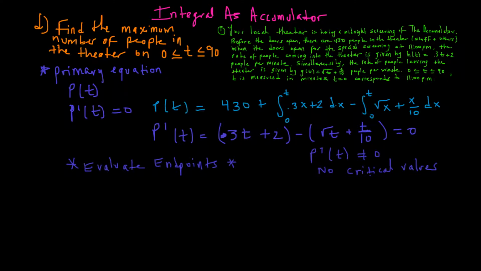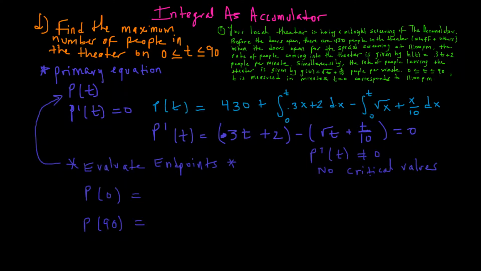It's always going back to the primary equation, P of t. So that means we are going to find P of 0, and we're also looking for P of 90. And the larger number would be the maximum, and the least one is the minimum.